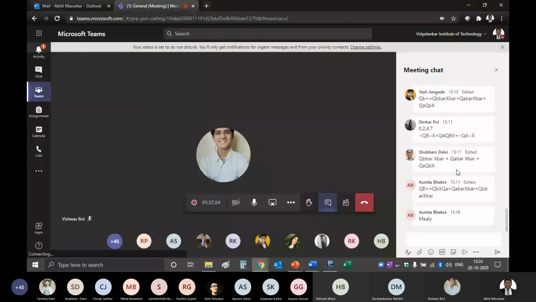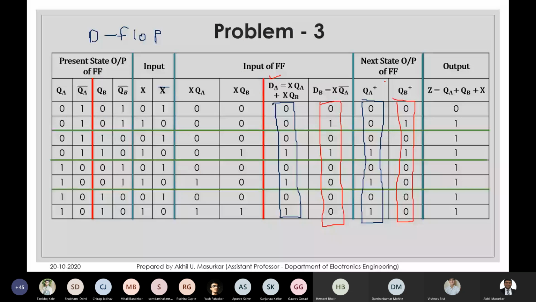Omkar, also your answer was right. Yes. Any doubts in the state table, please ask.